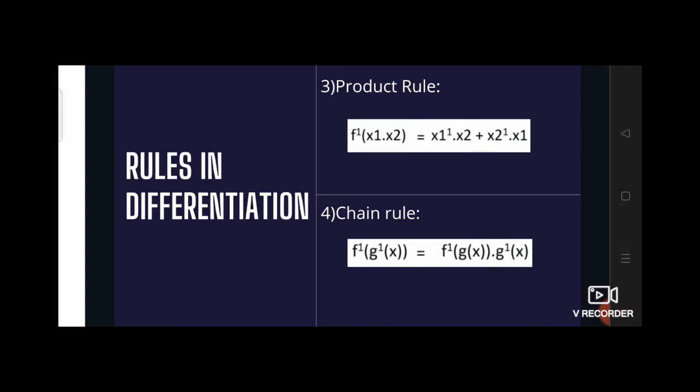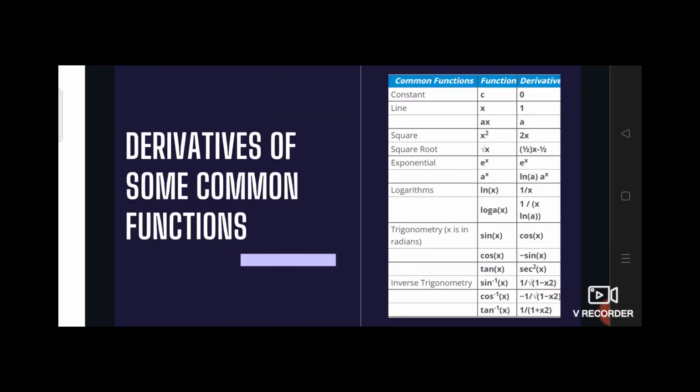So these are some common functions and the derivatives we have, like constant, line, square, exponential, logarithmic, trigonometrical functions, etc. Derivative of c is 0, constant, and derivative of x is 1. Derivative of ax is a, and dx by dx is 1. So we can see all the most commonly used functions' derivatives here.